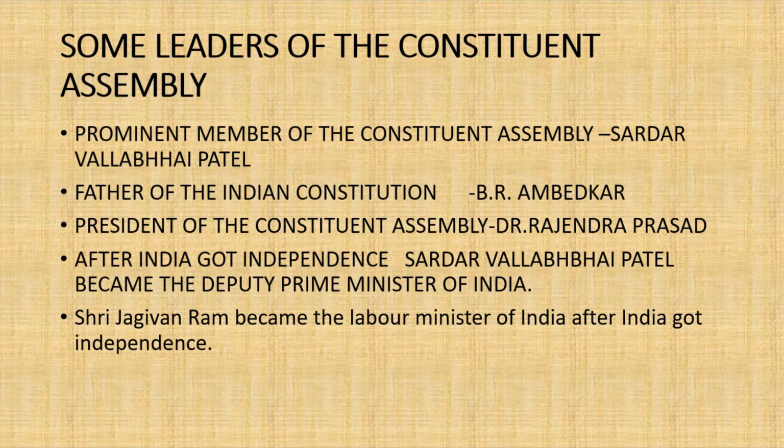Okay. Then the Constituent Assembly consisted of members of different political parties, for example, Indian National Congress, Muslim League. Okay. Then representatives of the minorities and the weaker sections of the society and legal experts.